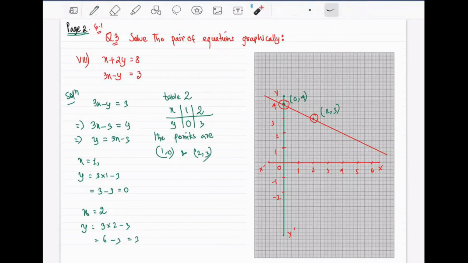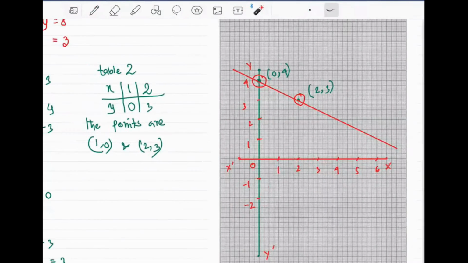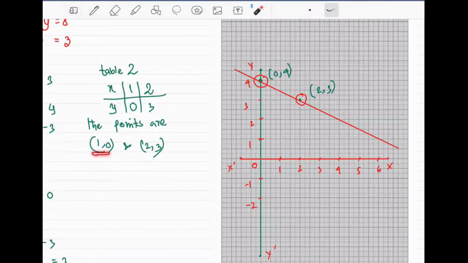So for this particular equation, we have these 2 points. Let's plot them on the graph paper. Where is (1, 0)? On the x-axis, you go 1 point, and then you don't go anywhere along the y-axis. You just stop here. Don't go up or down because it is 0 for the y-axis.